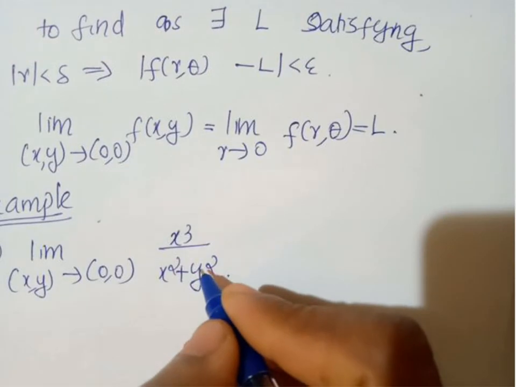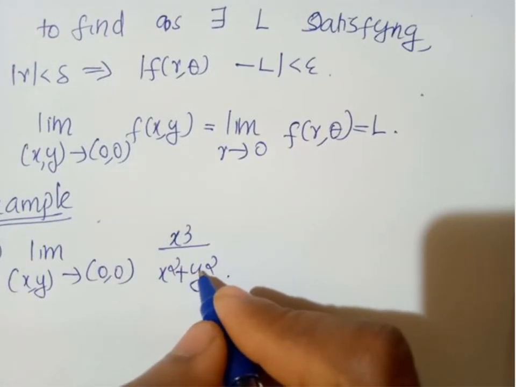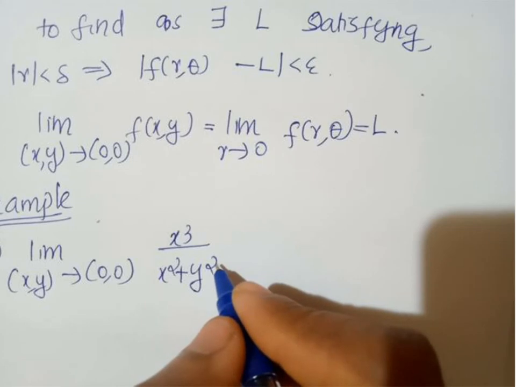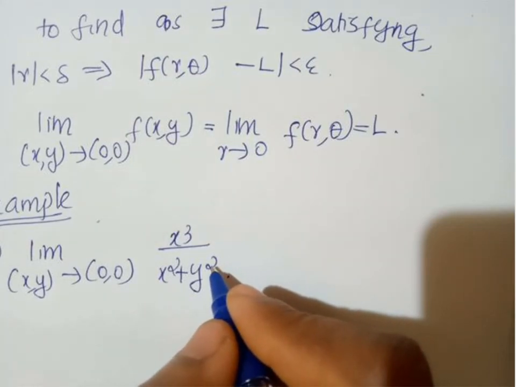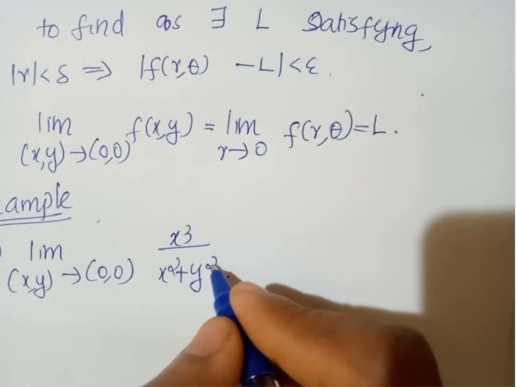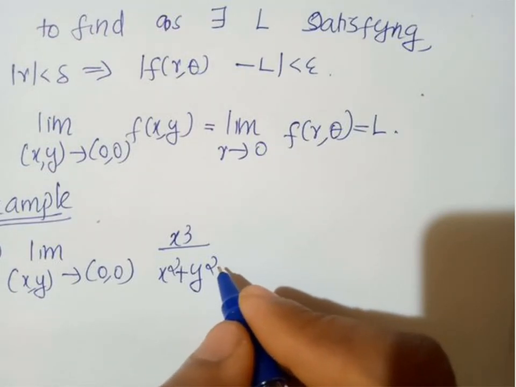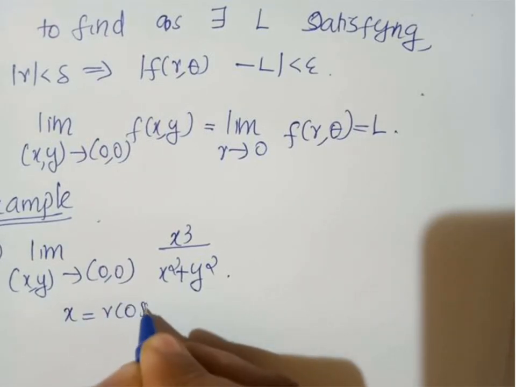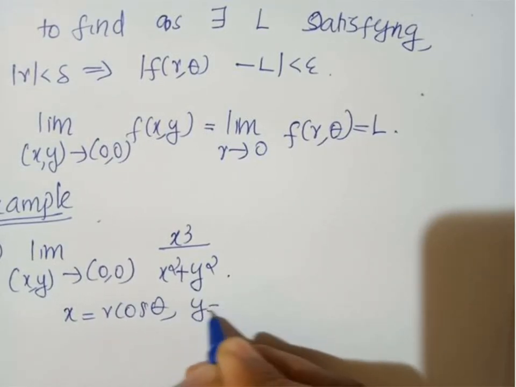This is a little bit difficult with the previous method, such as y = kx or y = kx^2. So I put x = r cos theta, y = r sin theta.